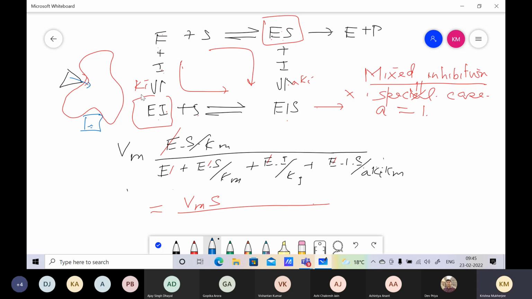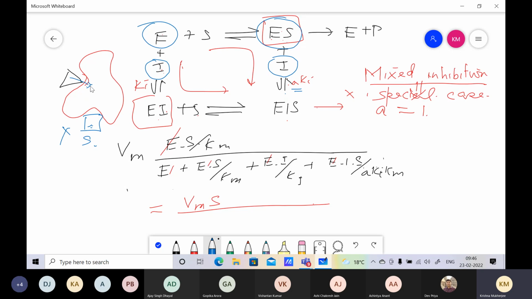Think about it. If alpha is equal to 1, what is it that I am saying in real terms? I am simply saying that the binding of I with ES is the same as the binding of I with E. Which means really that if substrate is present, then it has a certain binding affinity with respect to enzyme, and if substrate is absent, there is a certain binding affinity.